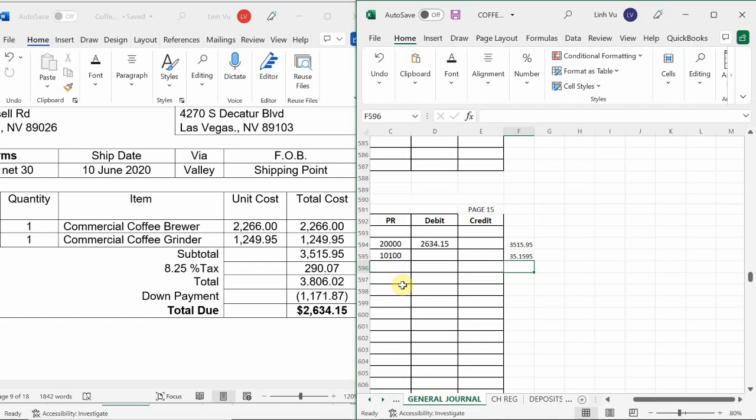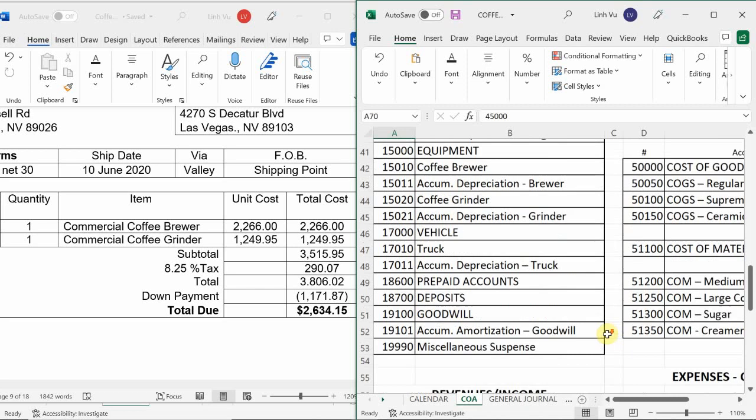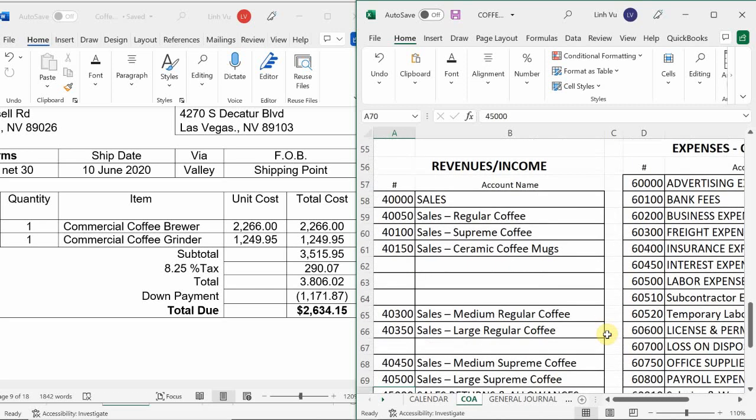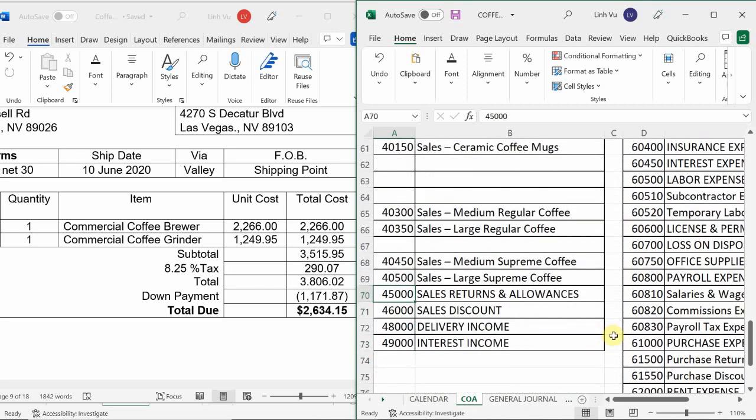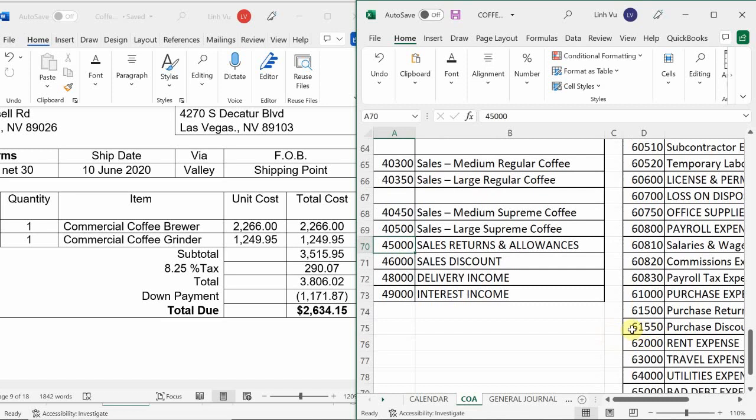Say that again? No. I just said that purchase discounts is related to inventory.